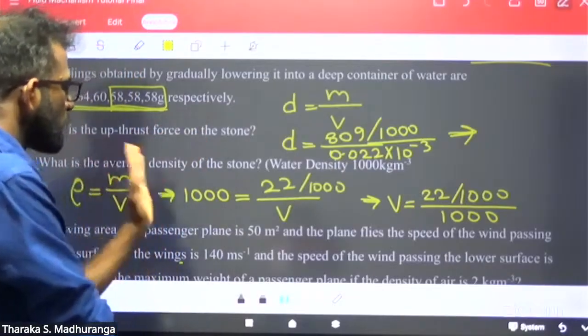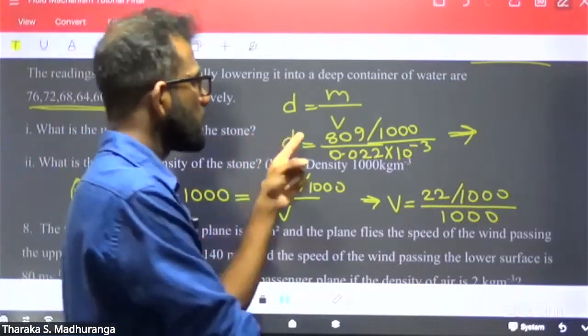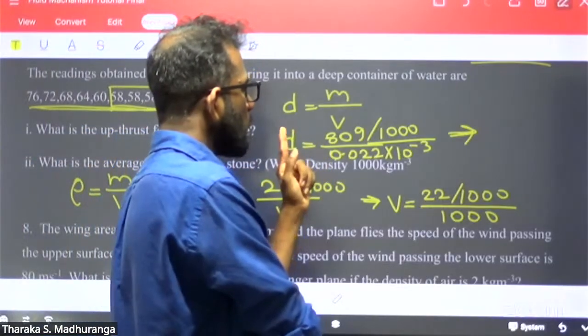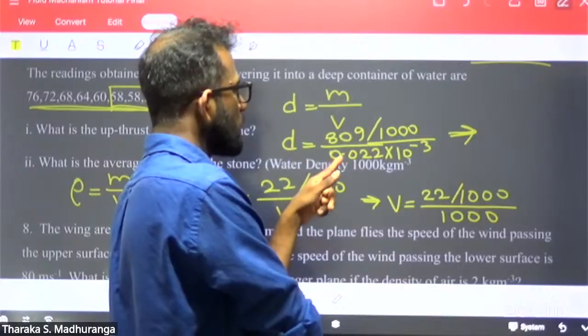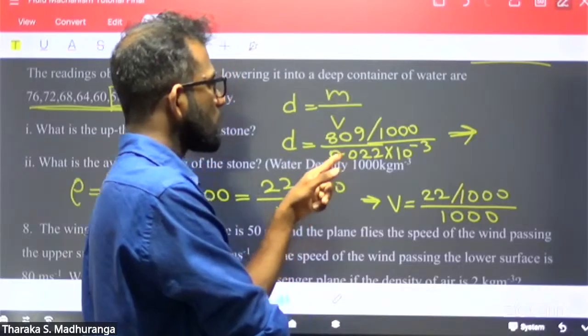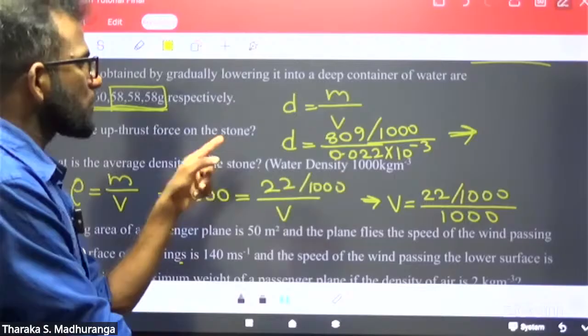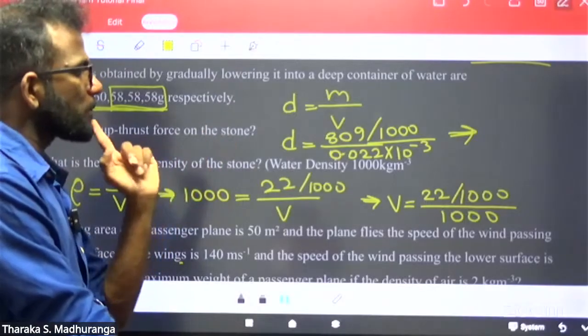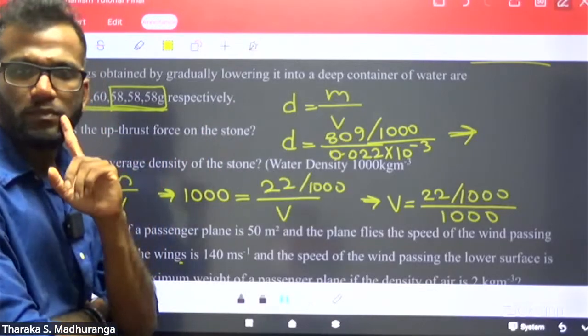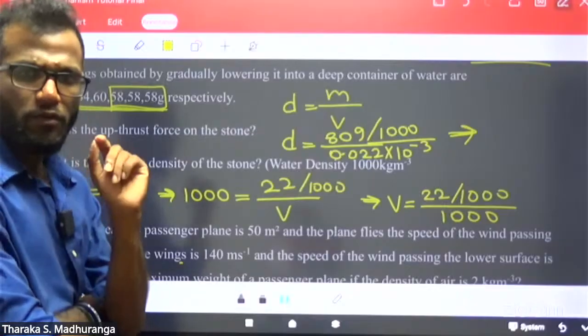Okay, I think you got the method. It needs to come kilogram over 0.022 into 10 to the power minus 3. Yes. It's coming as a small value.